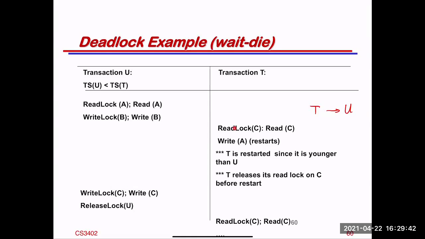Okay, so it's trying again to do its operation, and then it will do a write on A and so on. Exactly. So when I say restart, everything that the transaction has done is being rolled back. So it's an aborted transaction, and then we're just restarting it from scratch, but with the same timestamp that it had before.